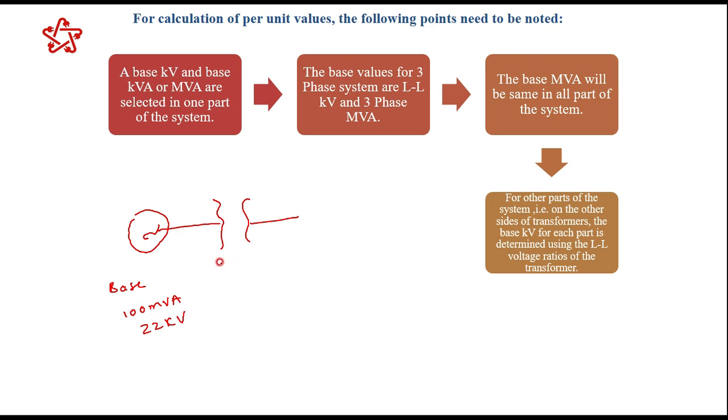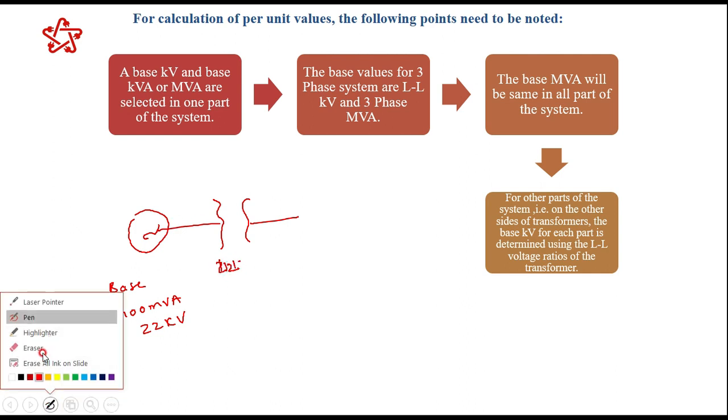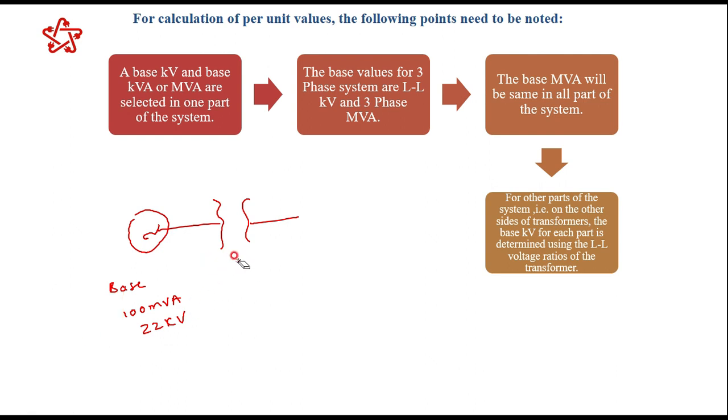I have got a transformer here, 22 kV to 220 kilovolts. You can call it a 150 MVA transformer. This is the transformer rating. Now these are the base quantities in the generator circuit.